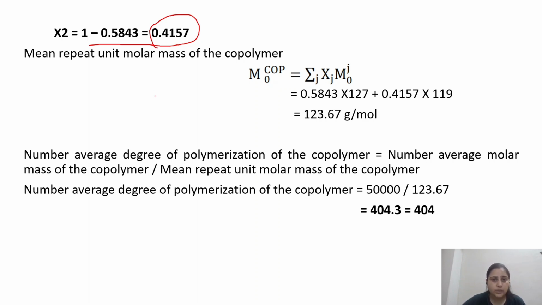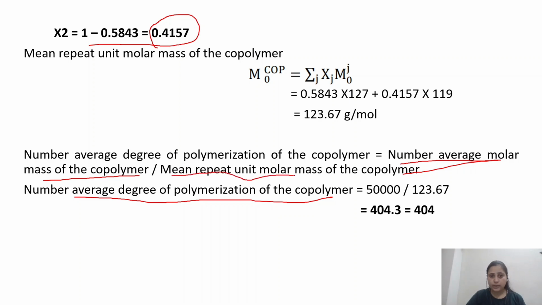The question demands to calculate the number average degree of polymerization of the copolymer, which is equal to the number average molar mass of the copolymer, which is already given in the question as 50,000, divided by the mean repeat unit molar mass of the copolymer, which we will calculate here.